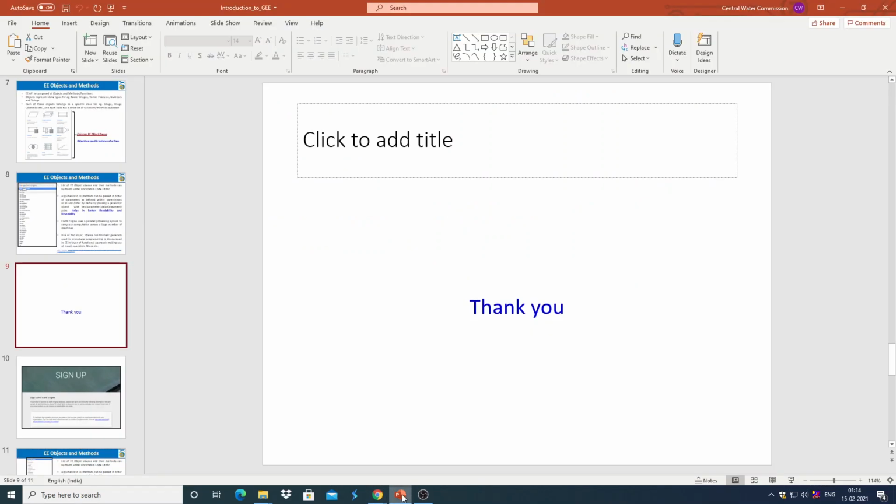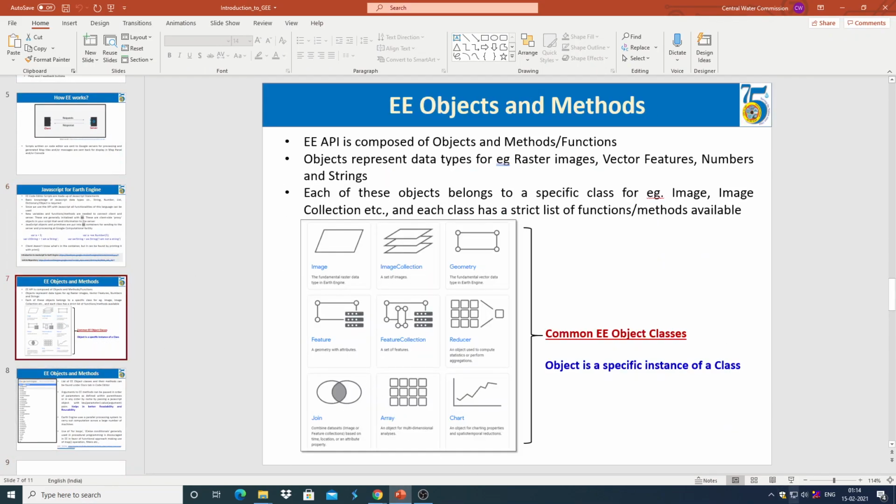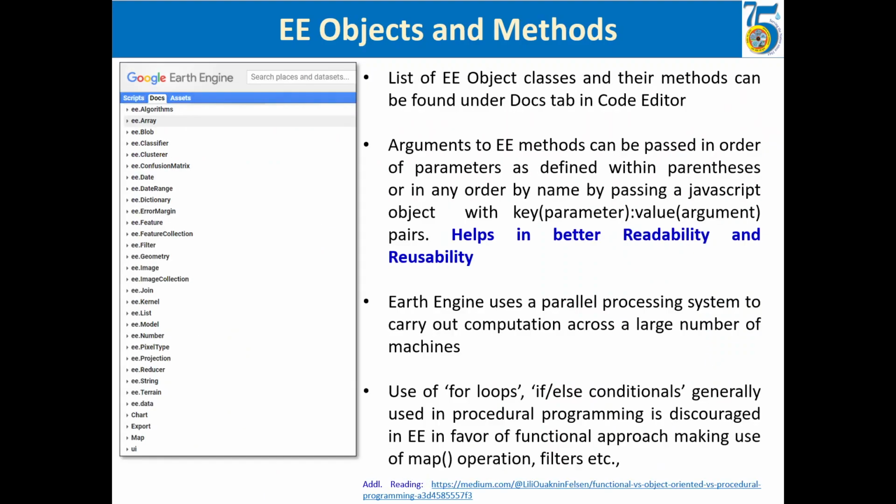So now getting back to our presentation. The list of Earth Engine object classes and their methods can be found under the Docs tab in the code editor. We have already discussed it.